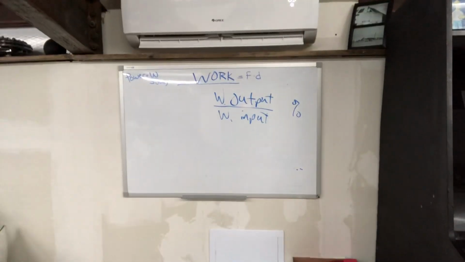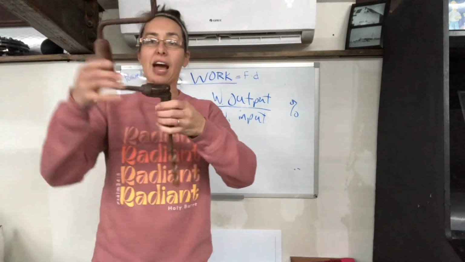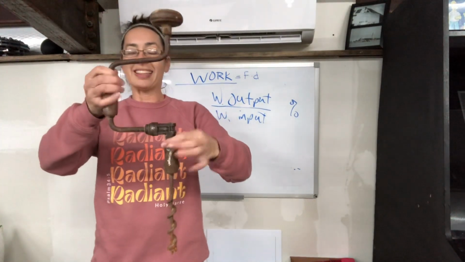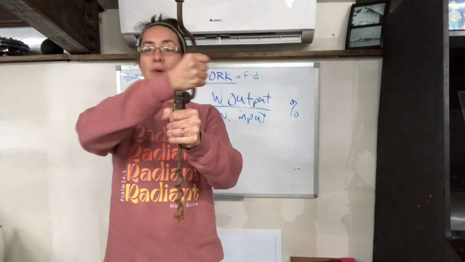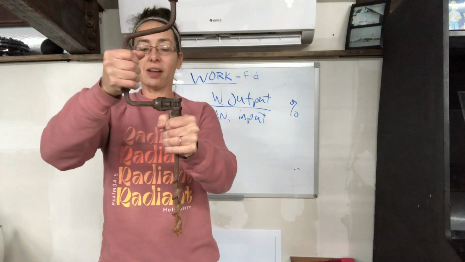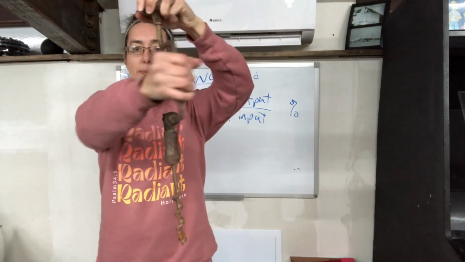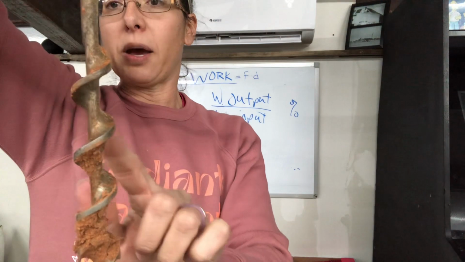Okay. Another one that's super fun is the screw, and I like this one. This is an old hand screw where you would hold here and you actually get to spin it around like that. Once it gets set, you hold the top and it spins around. But if you can see, a screw is really a ramp that is just wrapped around.